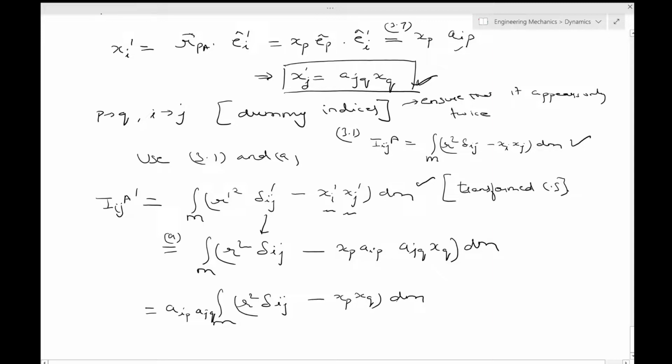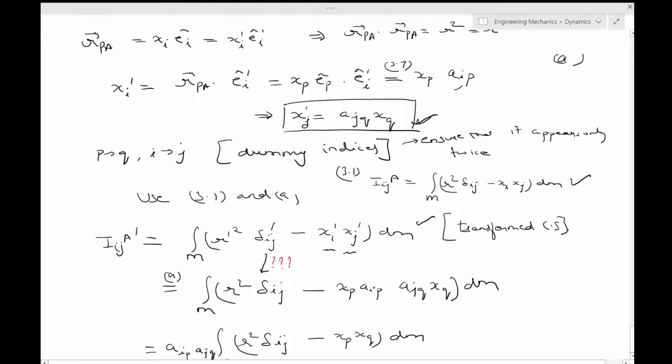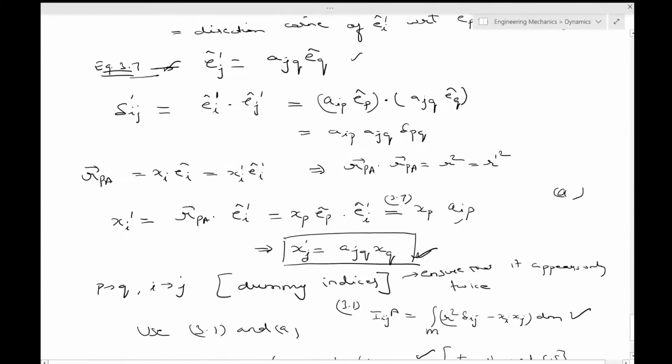Okay, so this is something which you should now try to check. How did you come from here to here? I think we should have done it at some place, but if not, you already know that delta ij dash, where did it go?